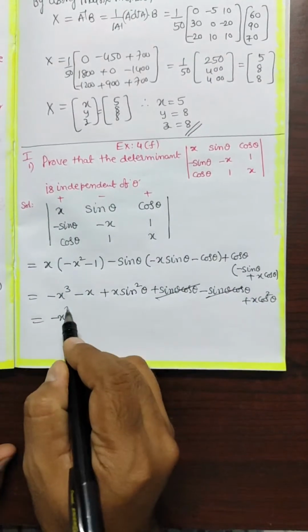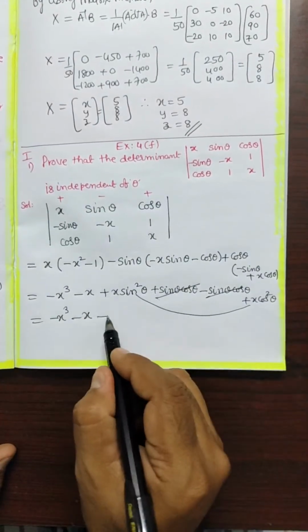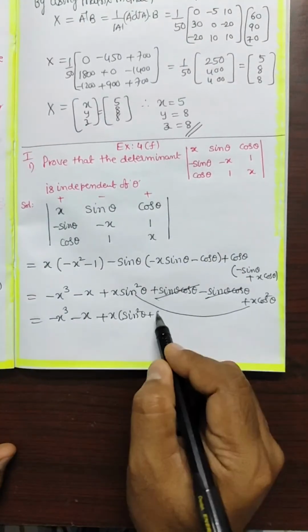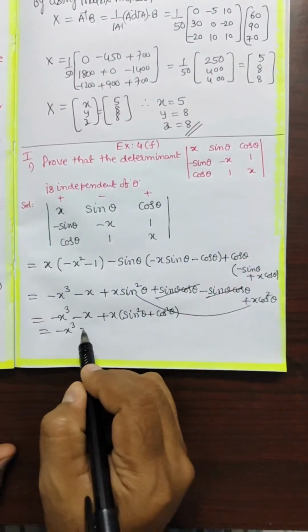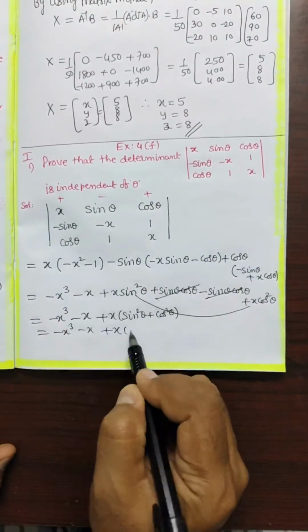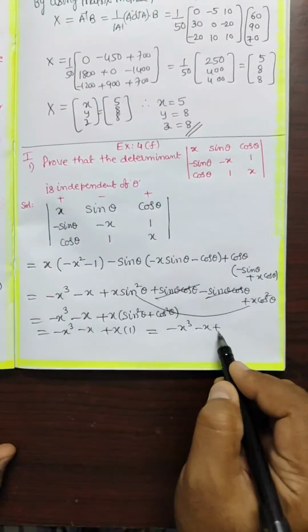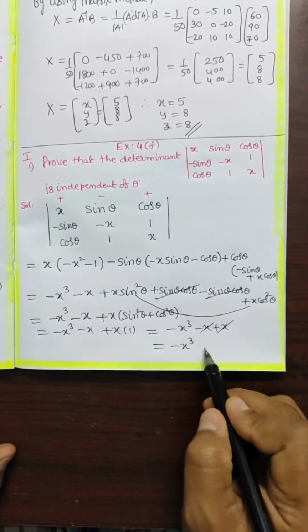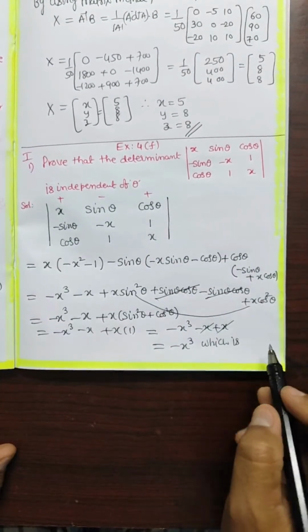So which is equal to minus x cube minus x. From these two take common x: sine square theta plus cos square theta. So minus x cube minus x plus x into 1, which is equal to minus x cube minus x plus x, which is equal to minus x cube, which is independent of theta.